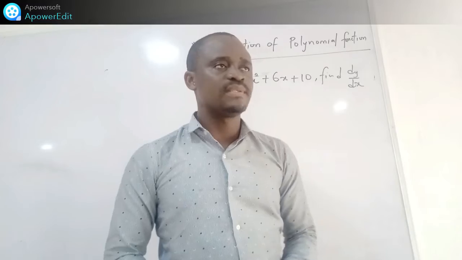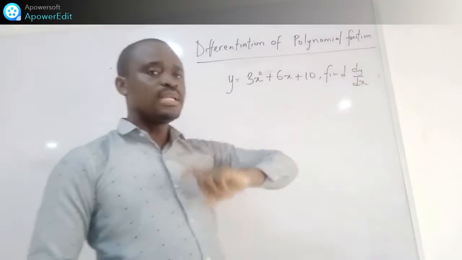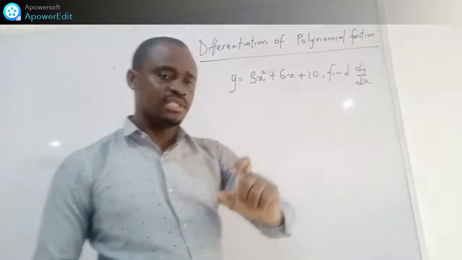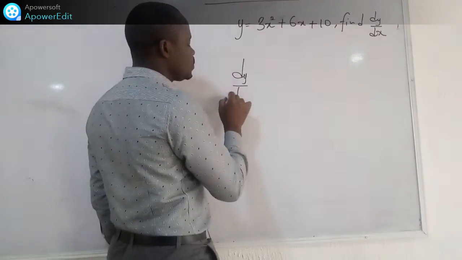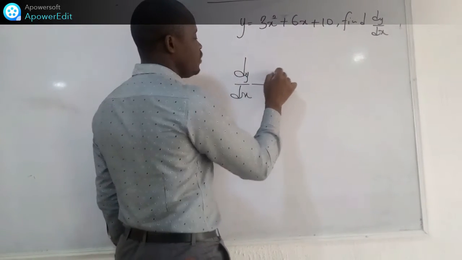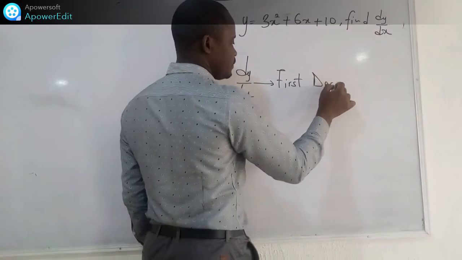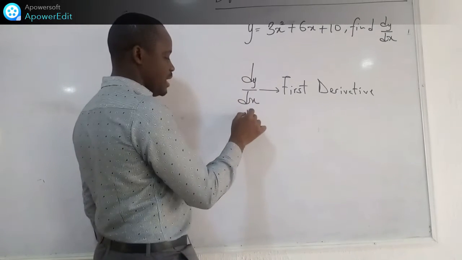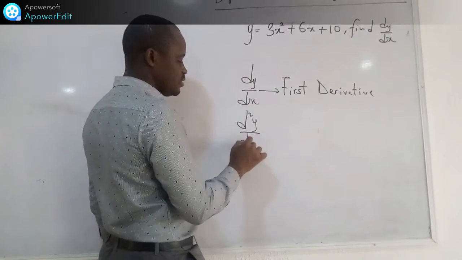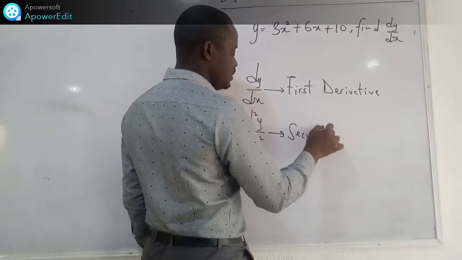There's something I want you to understand today. When it comes to differentiation, I'm still going to teach you the basic concept, but there's one key thing you must know. When you have dy/dx, it means that you should look for what? The first derivative. When you have d squared y over dx squared, it means the second derivative.